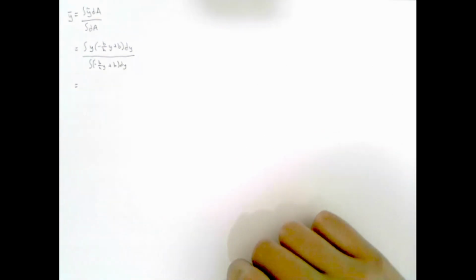So I can write down the entire expression in place of dA. And we have the same integral in the denominator. The limits of integration don't change because we're still integrating over dy. So 0 to h, 0 to h.